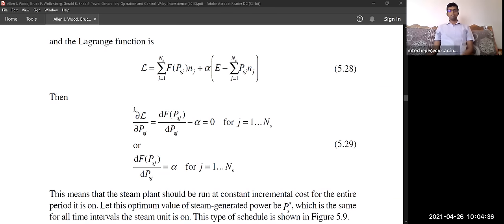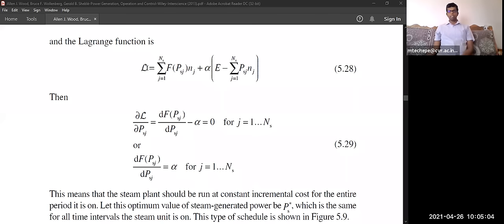So dou L divided by dou PSj is equal to 0.